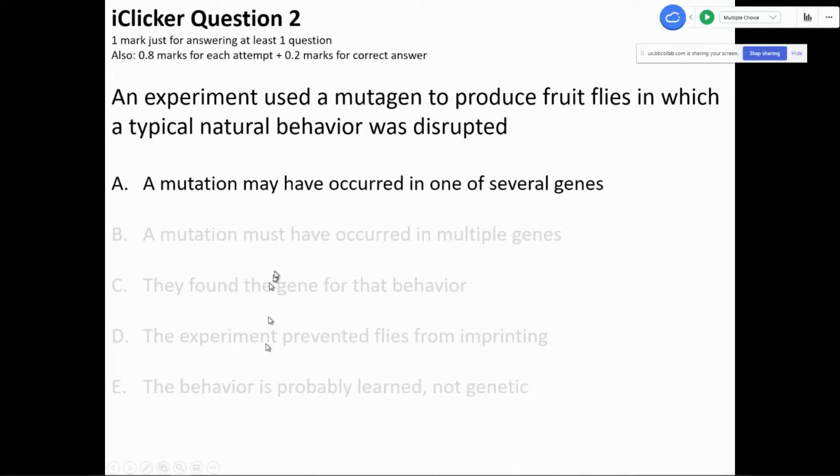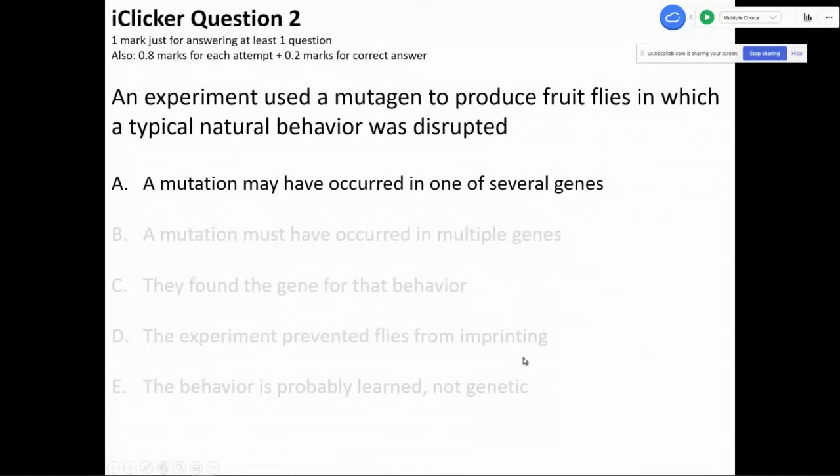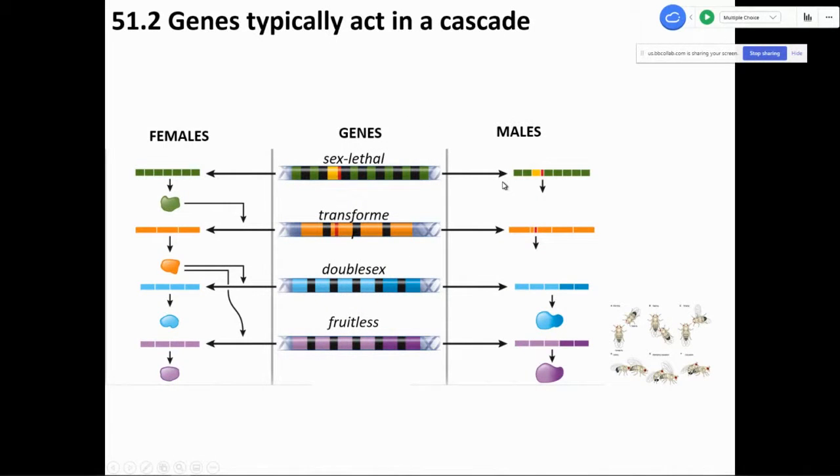So the answer to this is: a mutation may have occurred in one of several genes. Okay, A, good, that's the correct one there. We talked about the fact, going through some of these, that although a mutation in a single gene can cause a disruption in behavior, genes that control behavior typically act in a cascade.